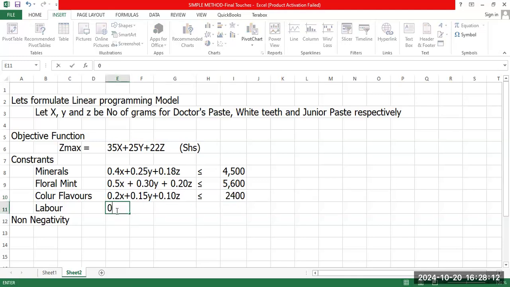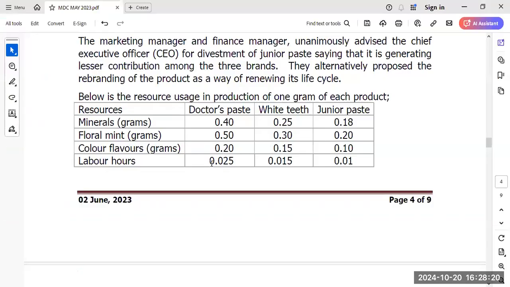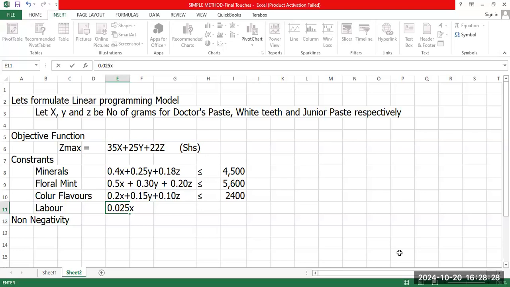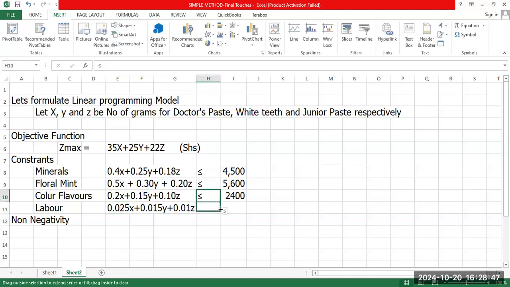Then here it is 0.025x plus 0.015y plus 0.01z, everything less or equal to 250.